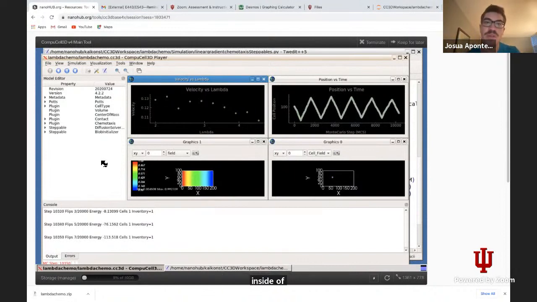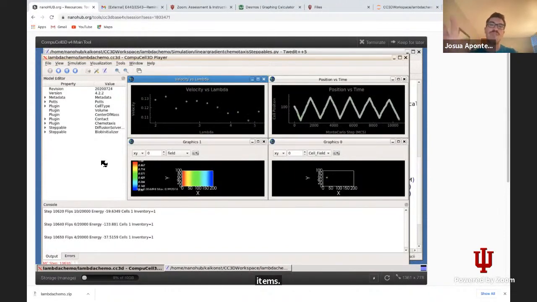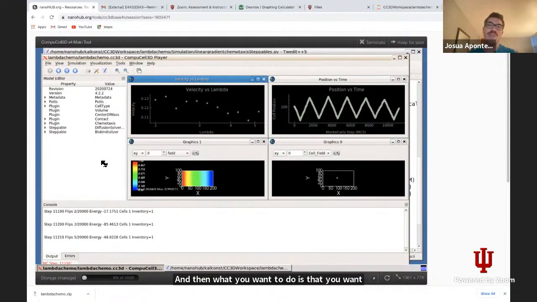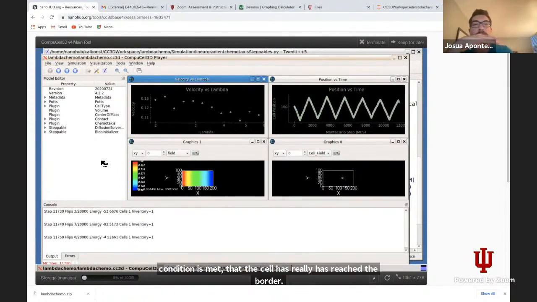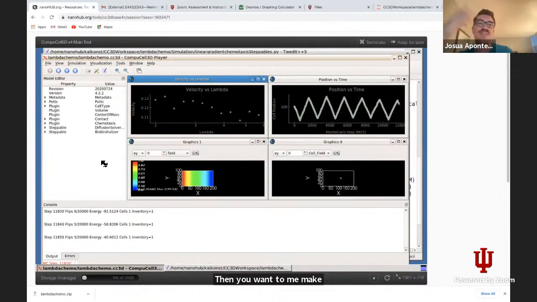Python steppables. And then you have to basically copy the code that we already have and put it inside of that mitosis steppable. And then, when the condition is met that the cell has reached the border, you want to make that cell divide.